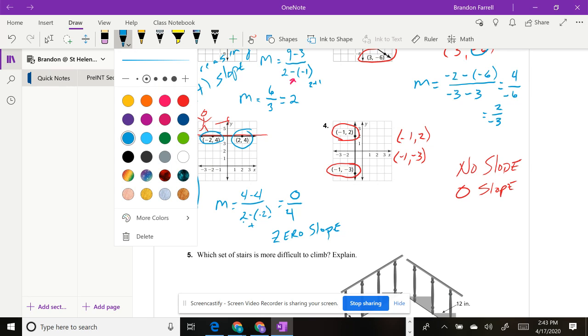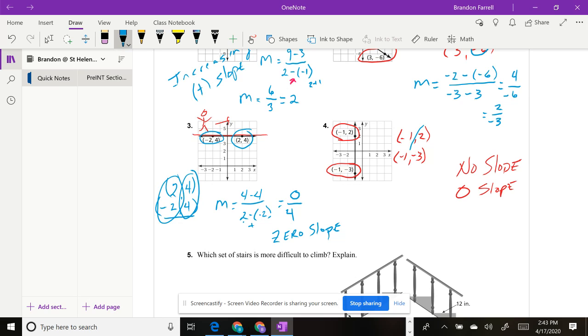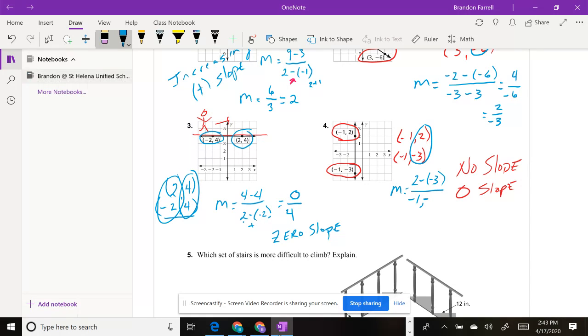So now we have a slope value of 2 minus negative 3 divided by negative 1 minus, let me erase that here for a second, minus that negative 1, which is like a plus.